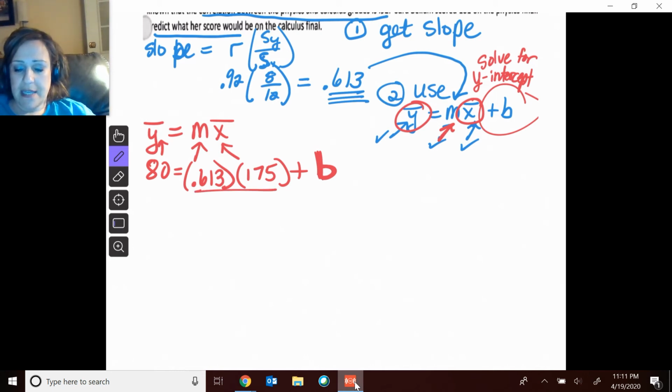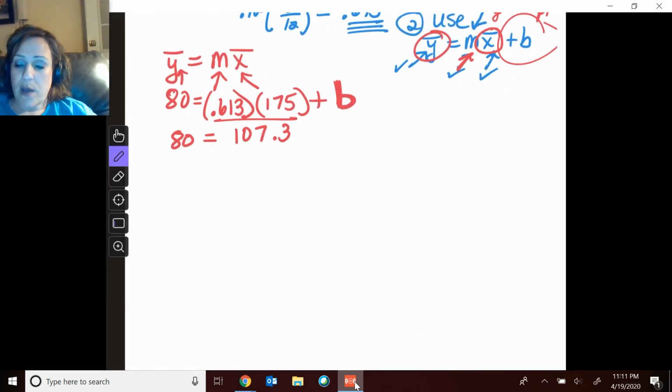I multiplied these together and got 107.3. I'm thinking we're doing these in whole numbers-ish because the scores were in whole numbers. So 0.275 I think is what I got. But anyway, I can subtract that over. I just kept it on the simple side and subtracted over 107. So the y-intercept that I got was negative 27.